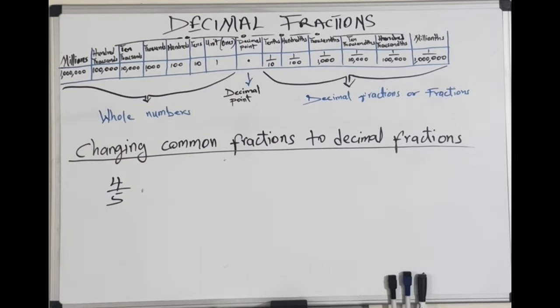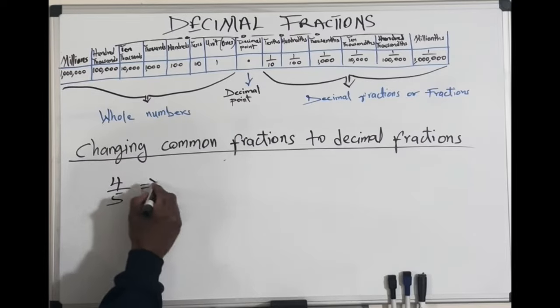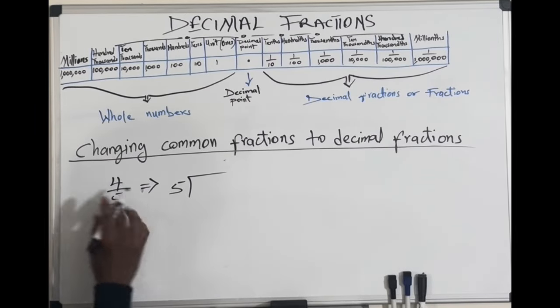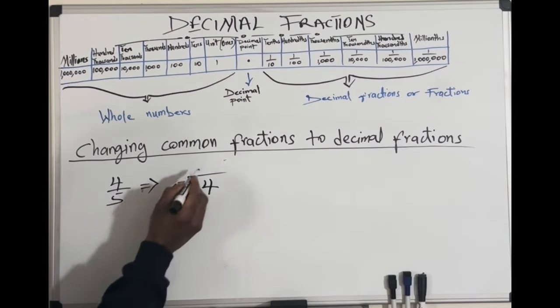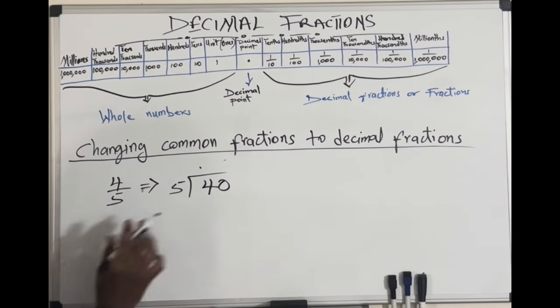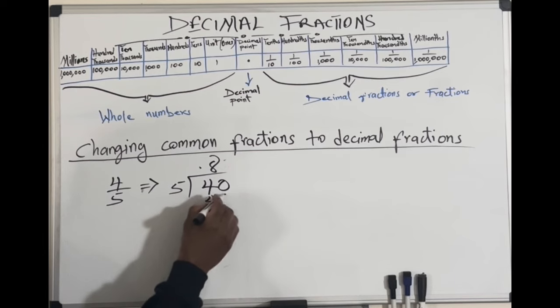We have a second example, 4/5. We are told to change from common fractions to decimal fractions. We use the long division method. So denominator will come outside, then numerator will enter. So it can't work. We have to put a 0, but before the 0, point. Okay, so 5 times one number will give us 40. 5, 8, 40.